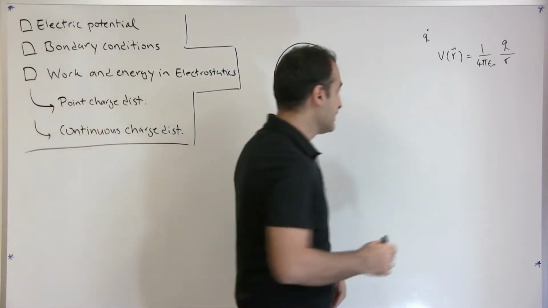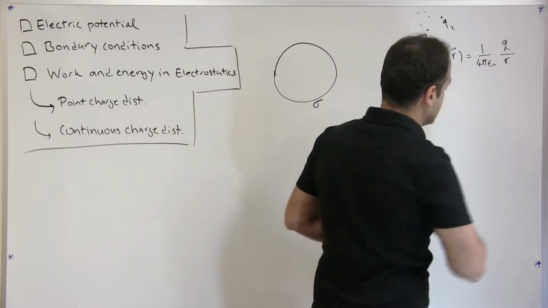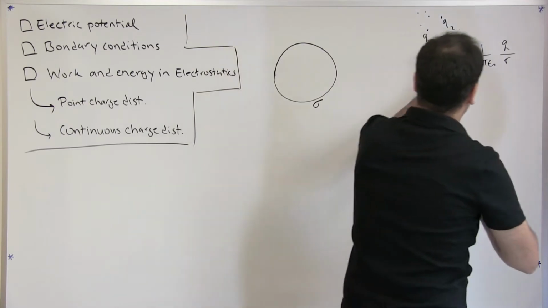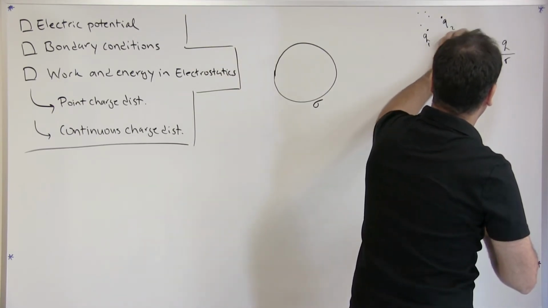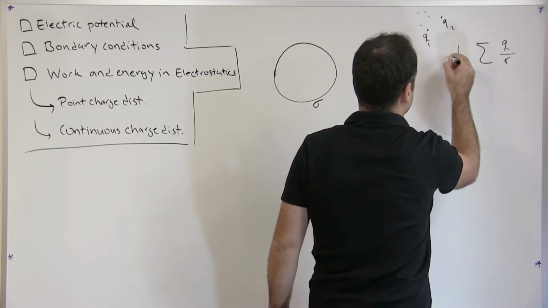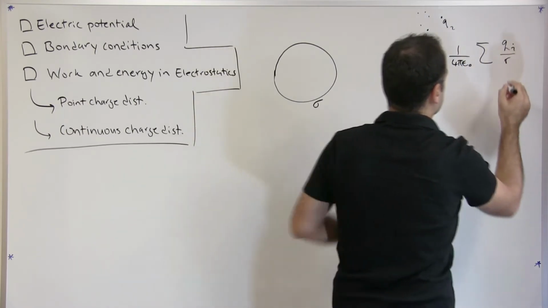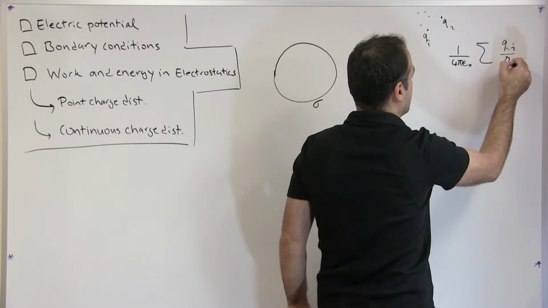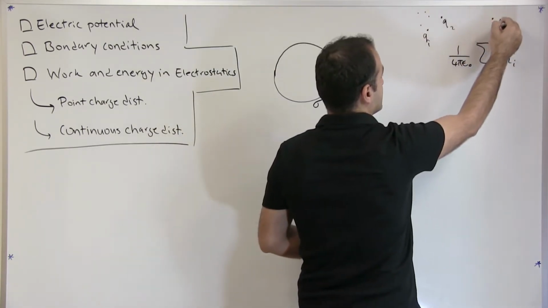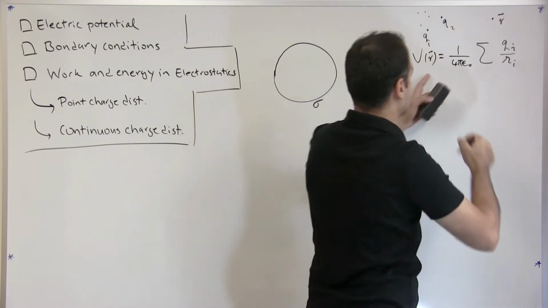Meaning that if I have Q1, I have Q2 and so on, instead of just one single potential, I have a summation of 1 over 4 pi epsilon 0 Qi divided by Ri, which is the distance from the point charge to the position that I'm calculating this, and that's going to tell me the electric potential at position R.